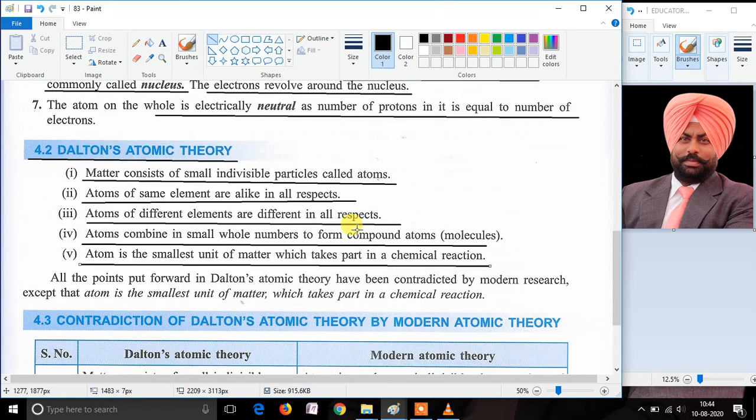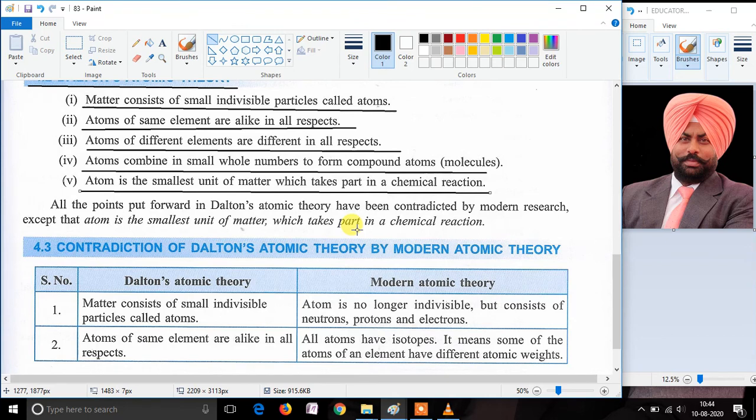Actually, this Dalton atomic theory was given in 1808, and since then there were several other changes made by other scientists also, and now in the 21st century other scientists have also given a new theory that is known as the modern atomic theory.